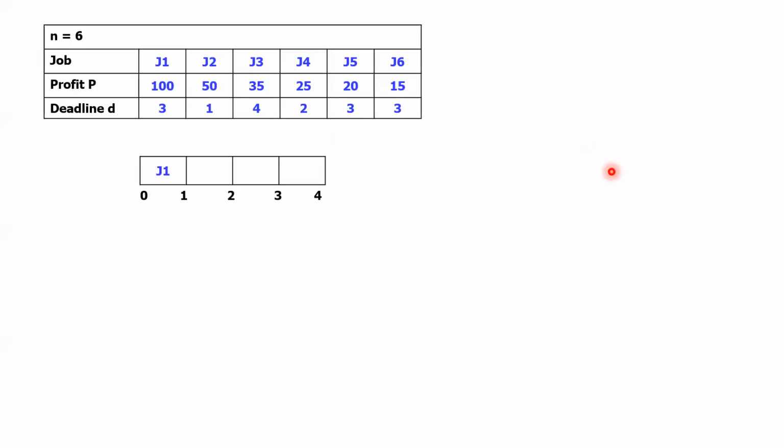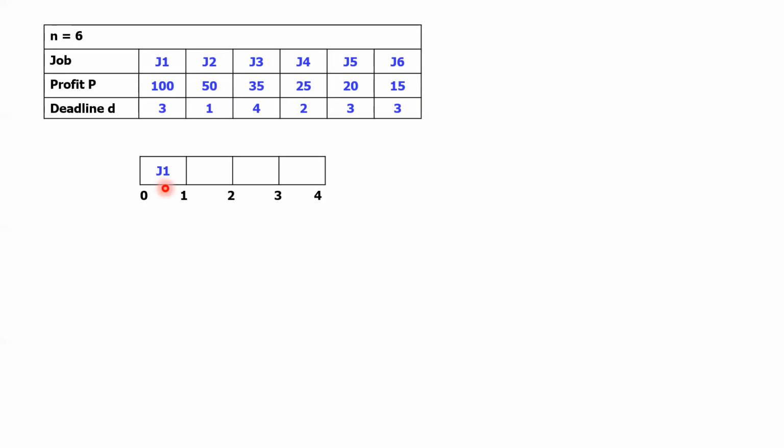I'll start drawing the Gantt chart. The Gantt chart has 4 time units, time unit number 1, 2, 3, and 4, into which I can schedule any 4 jobs. The first job in the order gives me the highest profit, so it will be mandatorily selected. So J1 is mandatory.